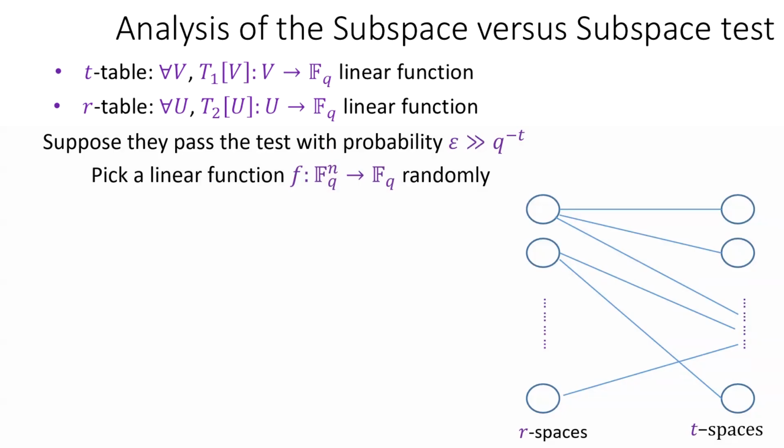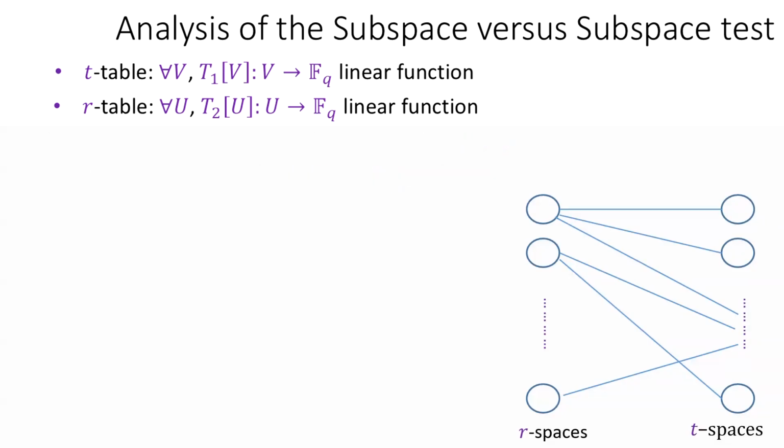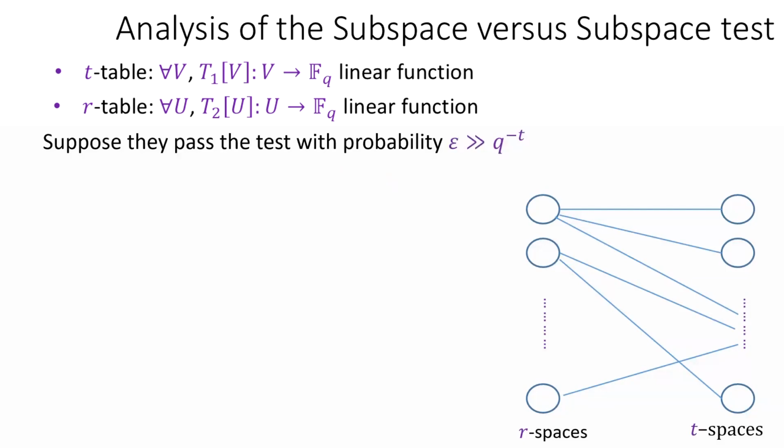And a way to see that is as follows. Suppose that I have these two tables, T1 and T2, and they pass the test with probability epsilon, which beats this random threshold, Q to the minus T. And I want to argue that they have to look like the example that we've just seen. And to see that, we pick a linear function f completely randomly, little f, and we define two sets of vertices.